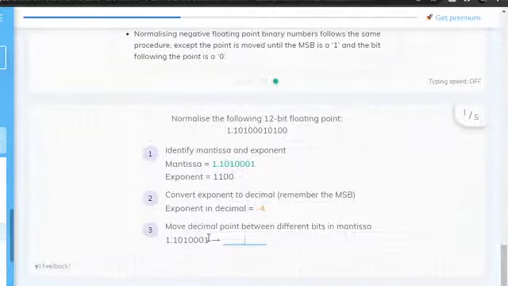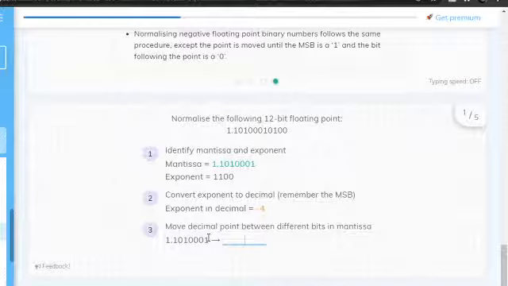Okay. Move the decimal point between the different bits in the mantissa. So that would be 1. Wait, that would be 0.0001101. Oh, nope. That would be 1101.0001. Nope.